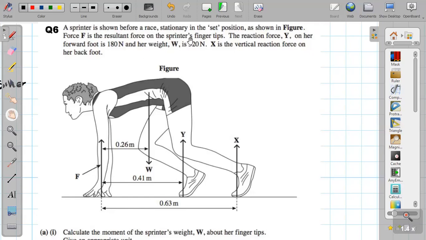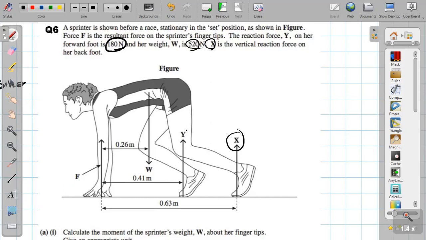Okay, here, what do we say? Y on the foot is like 180 newtons, right? And W is 520, and X is the vertical reaction force on her back foot.